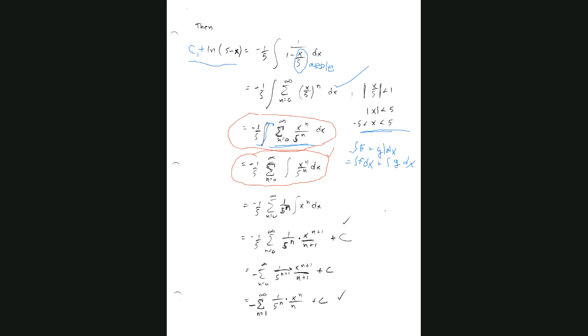Give me a thumbs up if this step makes sense, going from here to here. John's comfortable, okay. Josiah's comfortable, great. Robin's comfortable. Is anybody a little uncomfortable?